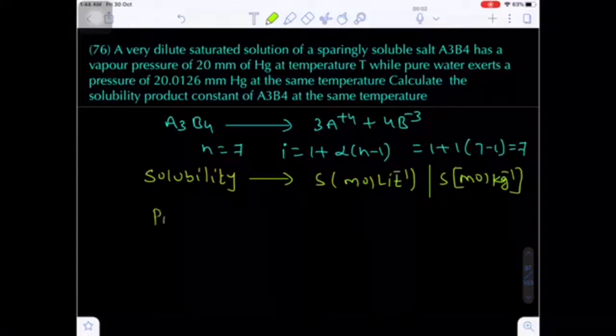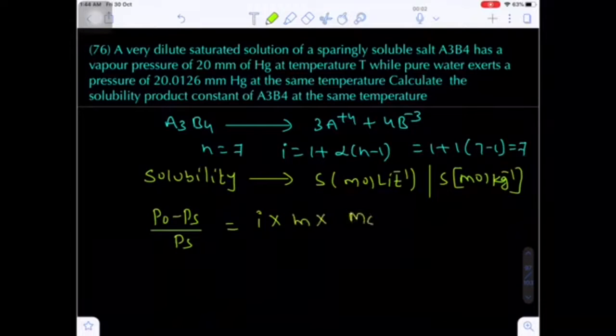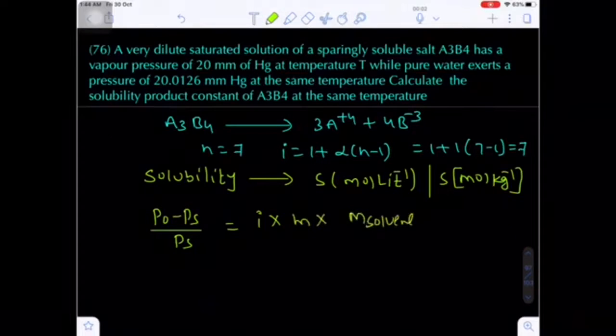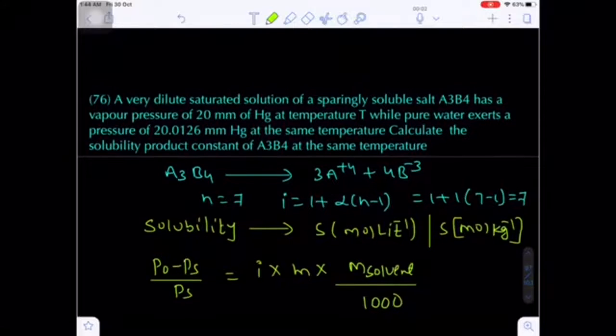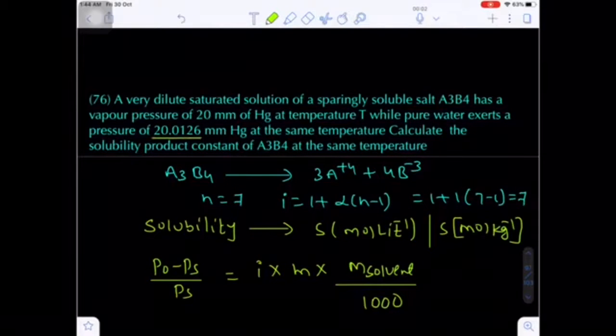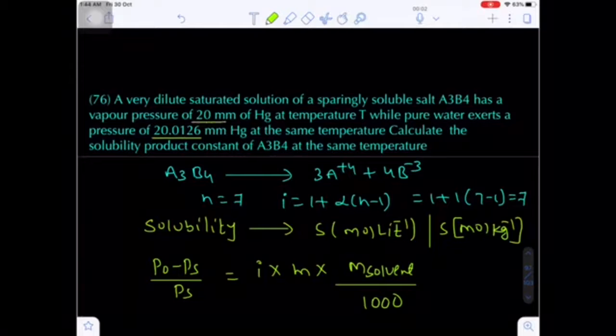So again the formula (P naught minus Ps) by Ps will be equal to iota into molality multiplied by the molecular weight of the solvent, whole divided by 1000. What is the P naught value given here?